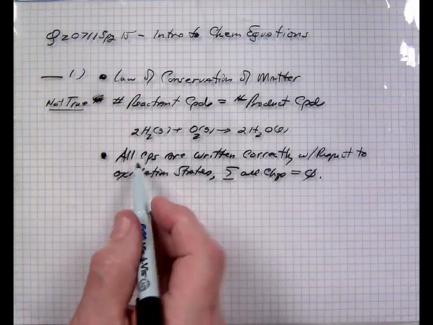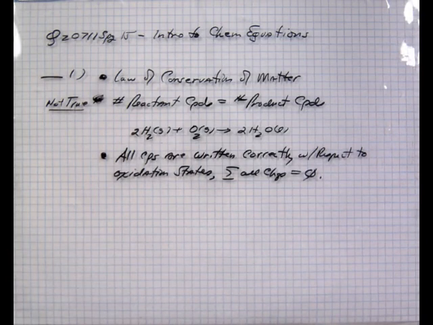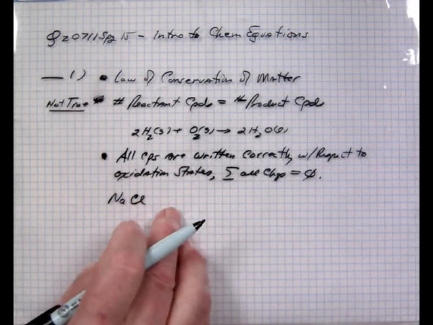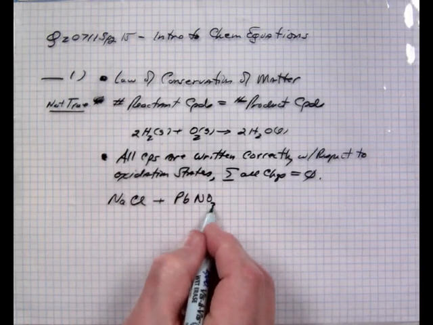To have all the proper compounds written in the correct oxidation states, that's fine. But if the mass doesn't balance, you don't have a proper chemical equation. Sodium chloride plus lead nitrate.